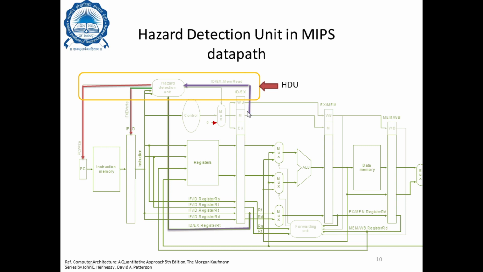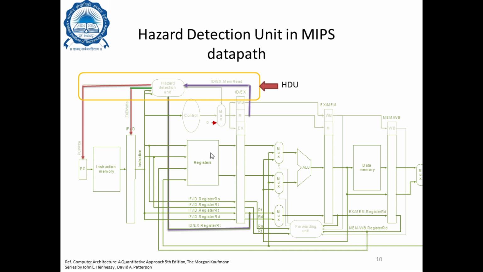From here you feed a signal into the HDU, which is ID/EX dot MemRead, which indicates if it is a load, or LW, instruction, because the only instruction reading memory from the ID/EX pipeline register is LW. That's why an LW instruction is being checked here.